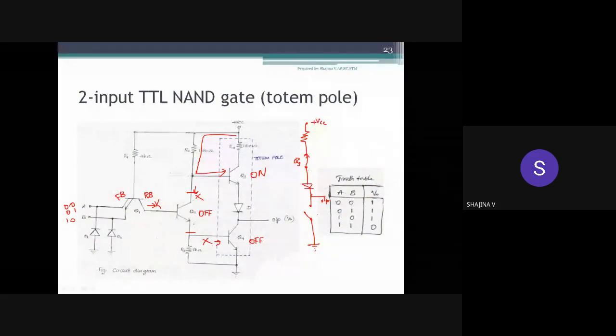This is our Q4. That means now we are taking output from this point. What is the potential of this point? The supply voltage will be available here. So output becomes equal to 1 in all these cases. So this is the 2 input TTL NAND gate configuration, totem pole arrangement.